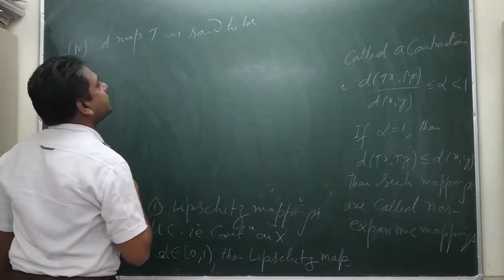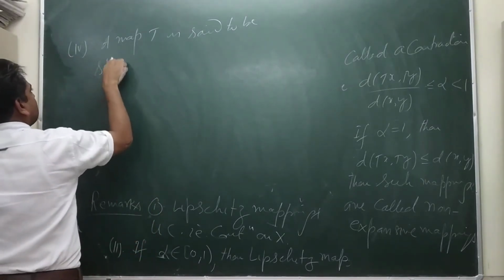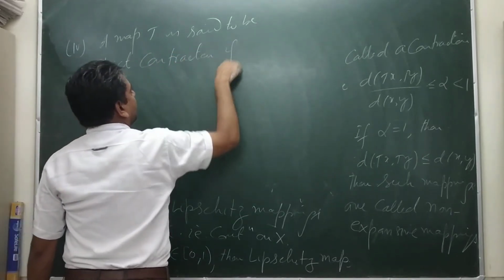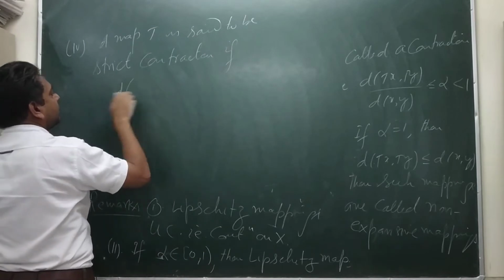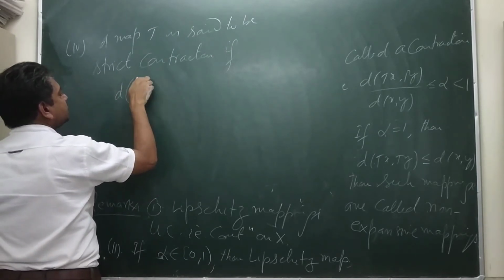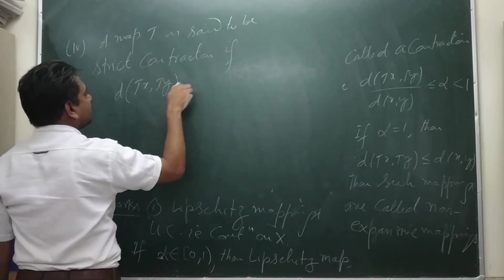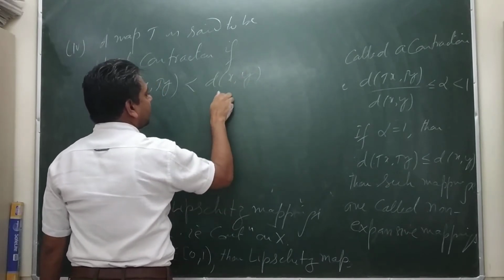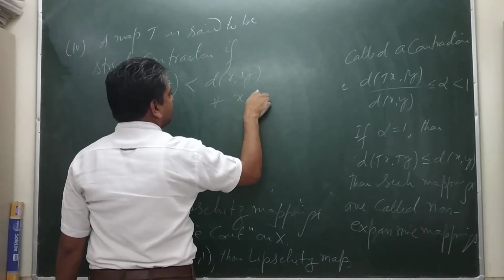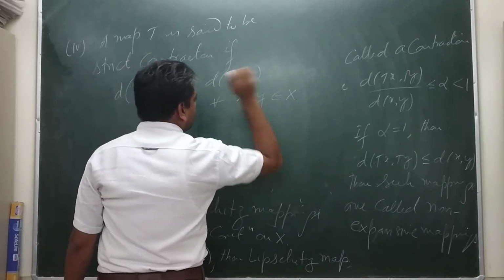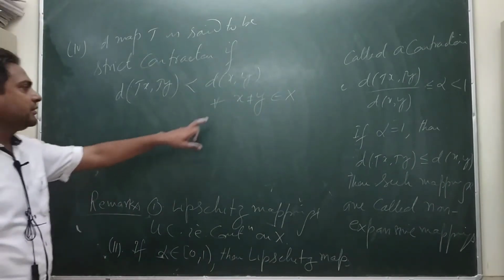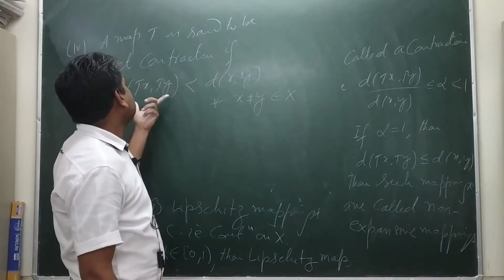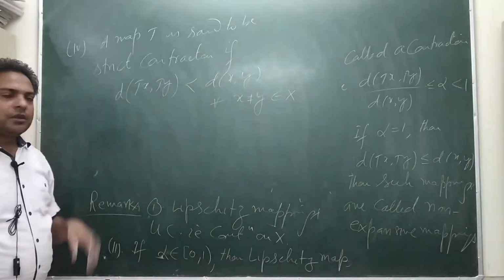Okay, so I will use the word strict contraction, if d of Tx Ty is strictly less than d of xy for all distinct x, y in X. Because x and y cannot be equal, since when x and y are equal, then of course it is 0, and d is always non-negative because the metric function is a non-negative function.